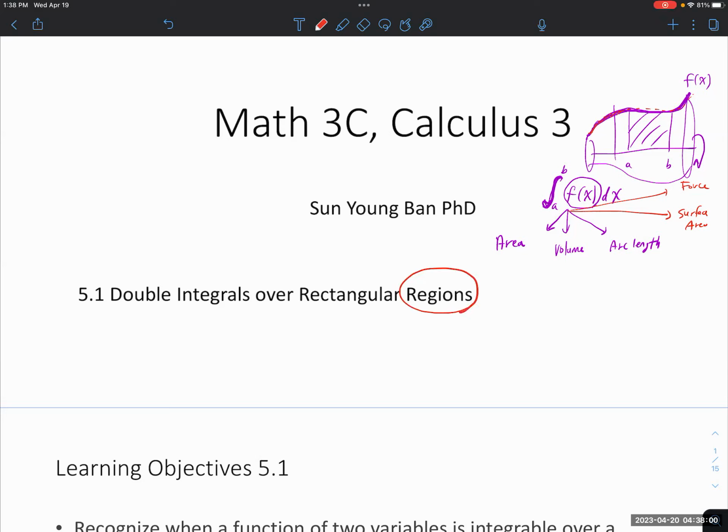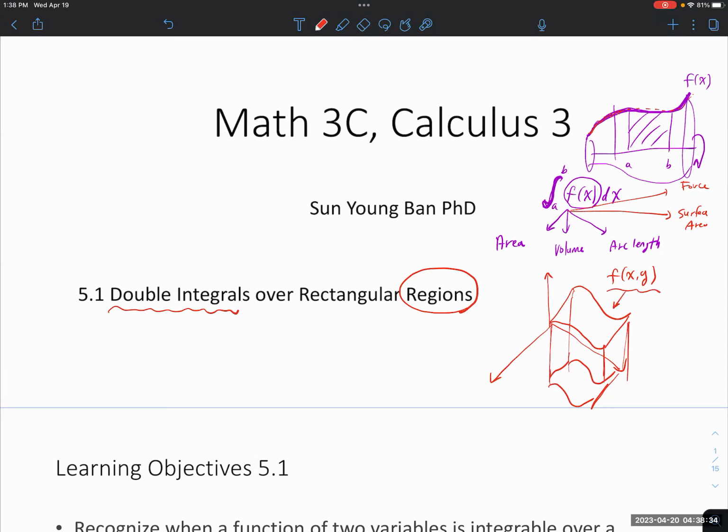By taking the double integral, in three-dimensional space, let's say you have x, y, and let's say you have this image, which I'm just trying to draw, in three-dimensional space with that function.